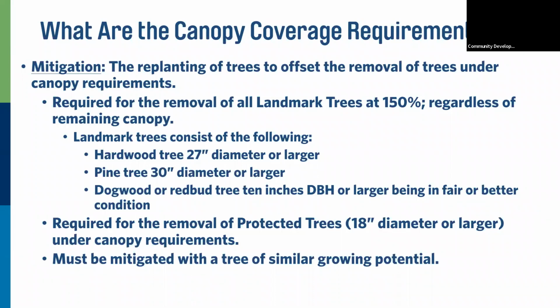Mitigation would be planting new trees. So that's any protected tree that goes under your requirements. Protected trees are 18 inches in diameter and larger, as well as landmark trees. Those have to be mitigated at 150%. Essentially, that means if you remove one landmark tree, you'll plant back 2 trees.